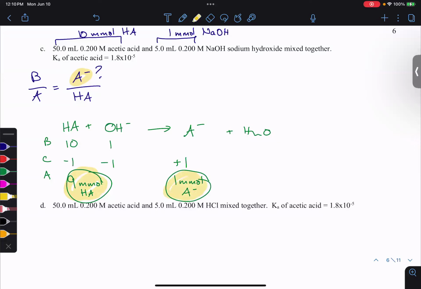It is 1/9. But you know 50% of your classmates are going to put 1/10 because they just see a base, they see an acid, and they shove it into the Henderson-Hasselbalch. But that base to acid ratio is not whatever base and acid you want. No, it has to be the acid-base conjugate pair. You make the conjugate base by the addition of sodium hydroxide where you consume some of that weak acid.